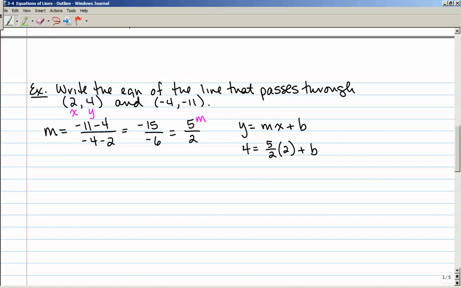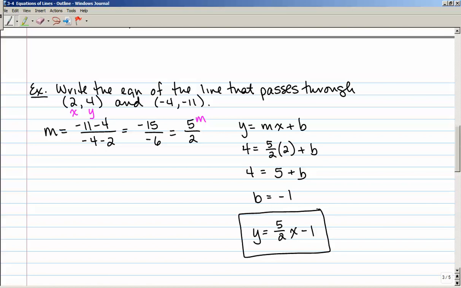This is not the final answer, I'm just using this step to find my y-intercept. So 4 equals 5 plus b, or b is equal to -1. Now that I have my slope m and my y-intercept b, I can write my final answer in slope-intercept form: y equals 5/2 x minus 1. If you ever used point-slope form in Algebra 1, you can also use that, but I'm going to leave it at this for right now.